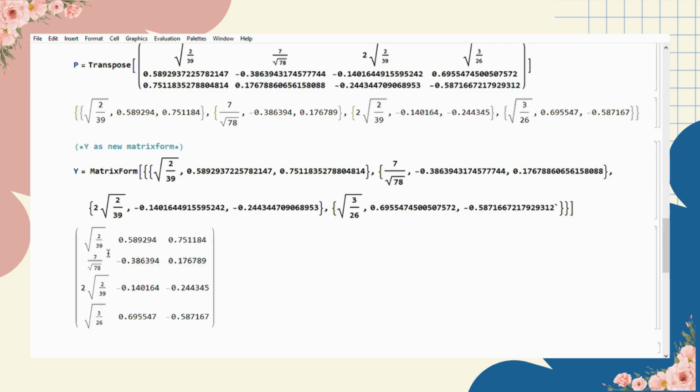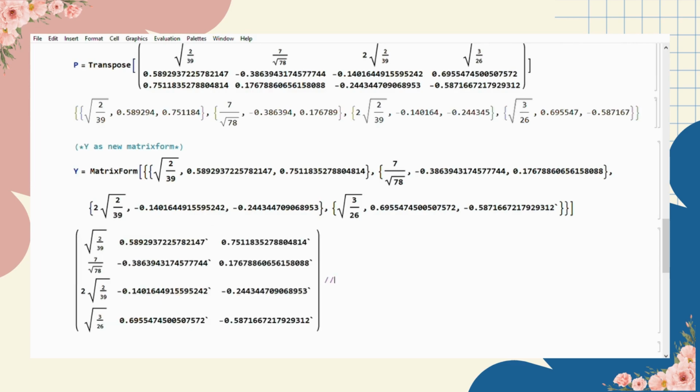So, we have the answer: square root of 2 over 39, 0.589294, 0.751184, 7 over square root of 78, negative 0.386394, 0.176789, and 2 times square root of 2 over 39, negative 0.140164, negative 0.244345, square root of 3 over 26, 0.695547, and lastly negative 0.587167.